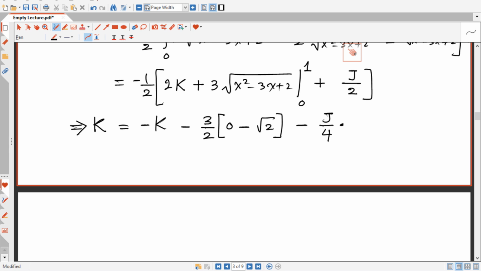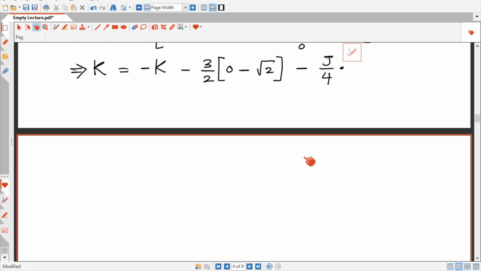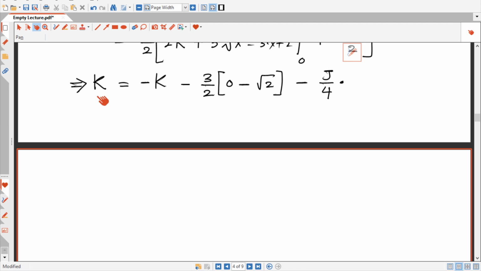So k is going to be half. If we take this k to the other side, it's going to give us 2k, so we have to divide by 2. So k is equal to 3 over 4 square root of 2 minus j over 8.